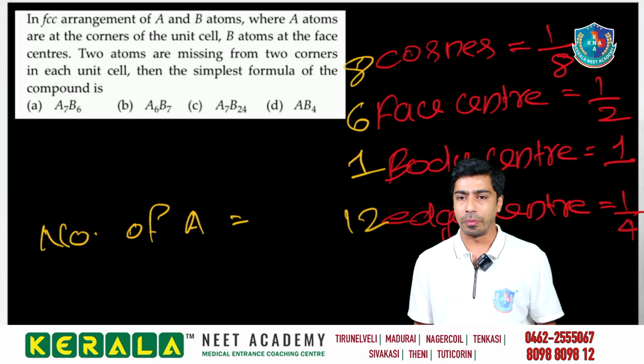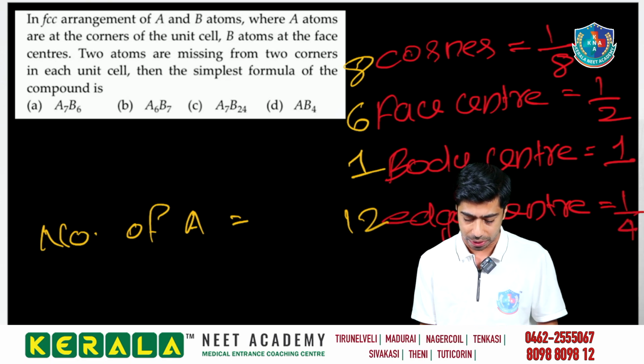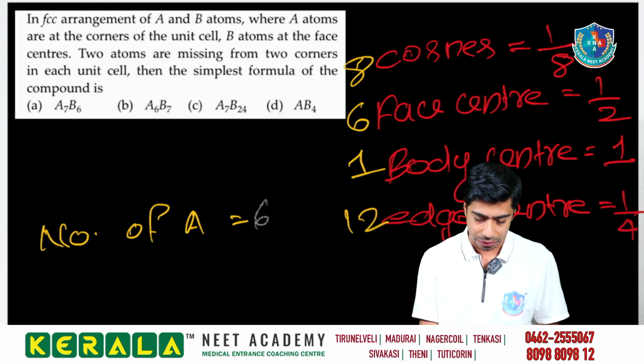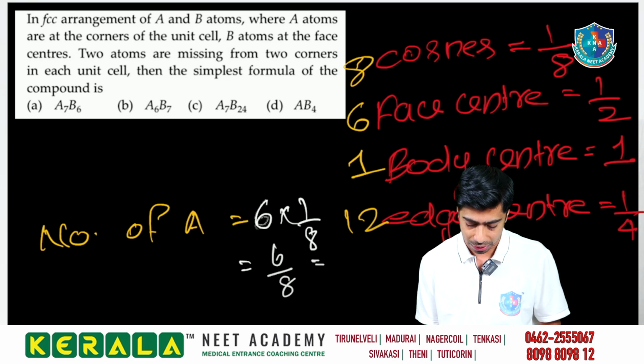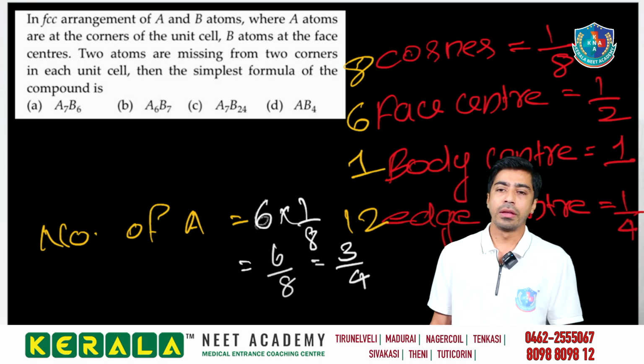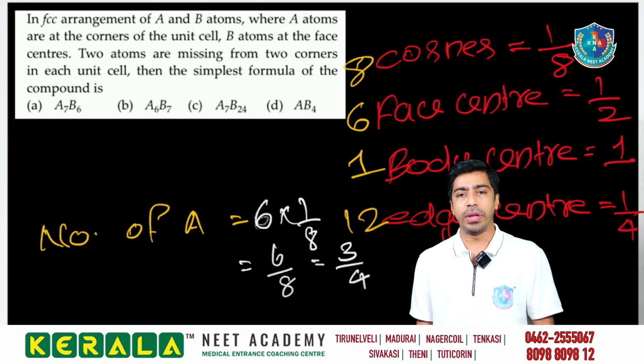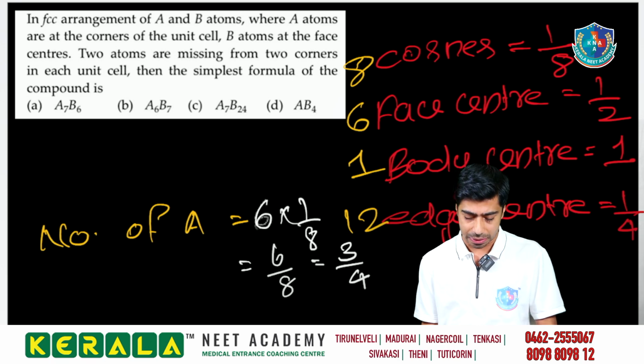So the total number of atoms of A will be 6 into 1/8, or 6/8, that is equal to 3/4. Now atoms of B are located at the face centers.